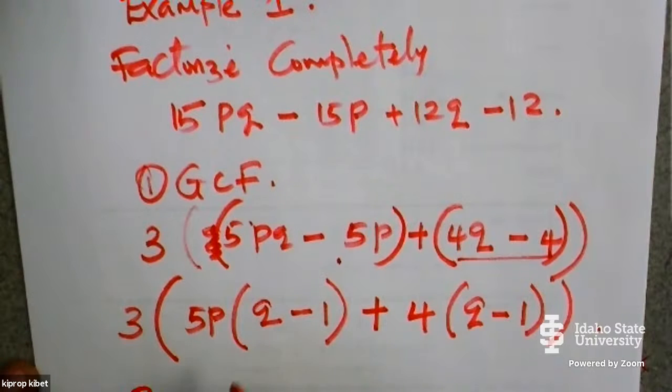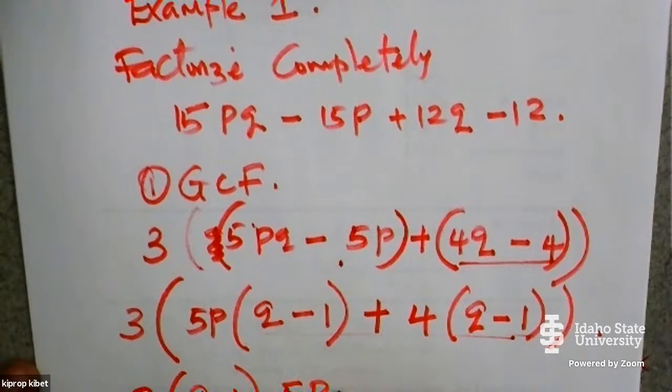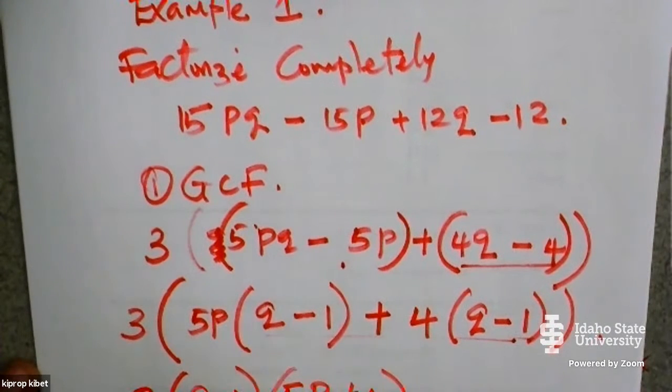Three still remains outside. What is common in the 2 of them? Q minus 1. And then what? 5P plus 4. So this is step number 1, step number 2. And then if you want to confirm, you can multiply. But if you're very sure of what you're doing, then you can just stop there.